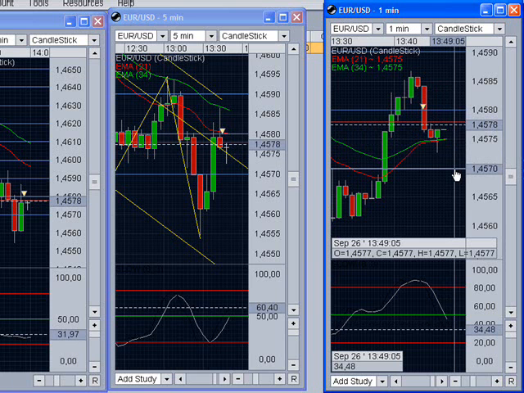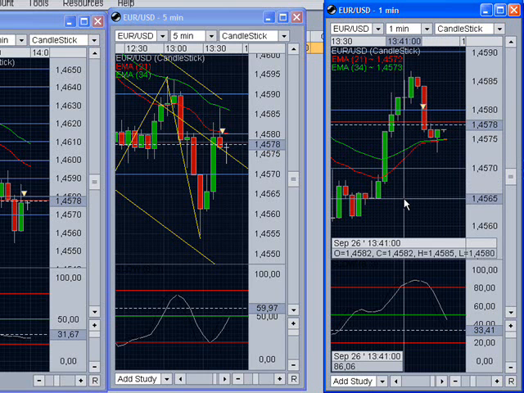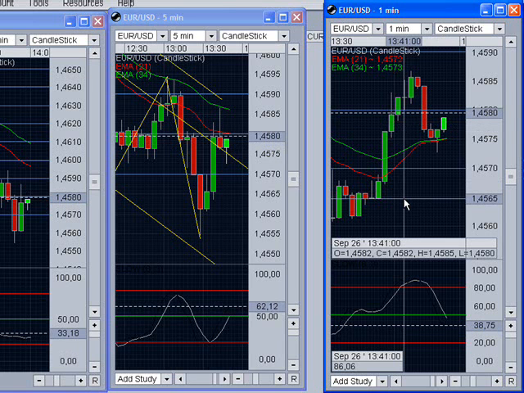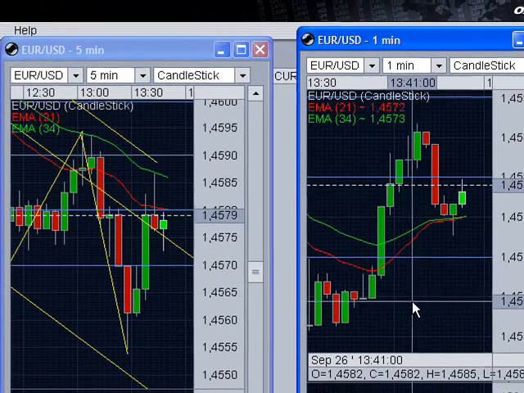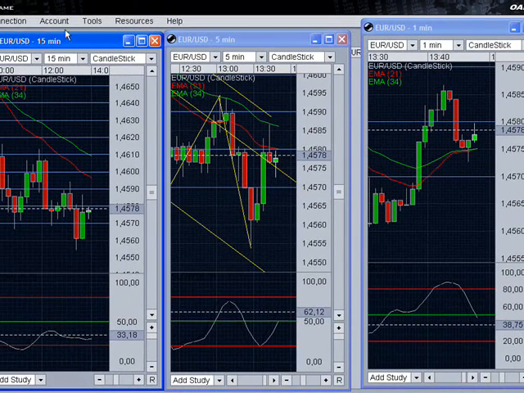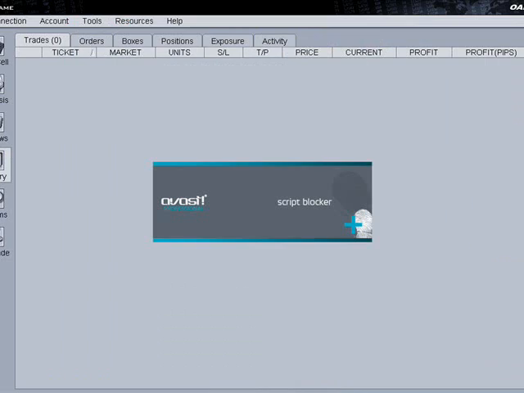Things don't look that good. Price is reversing, but I already have a profit for my first 15,000, and now my stop loss was hit and my trade is closed. Okay, if you want to see the results, you go here to history.